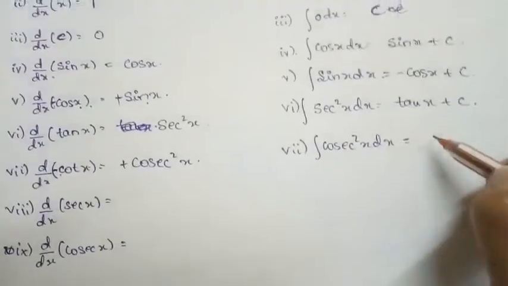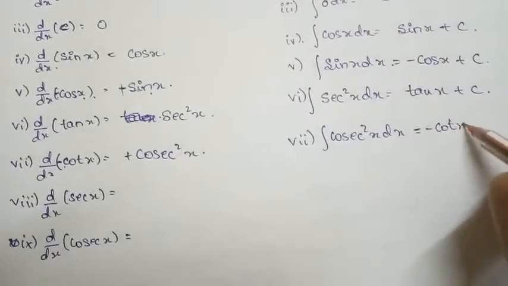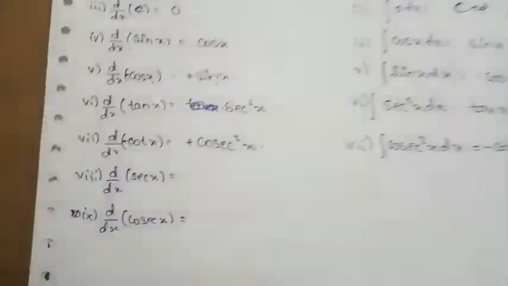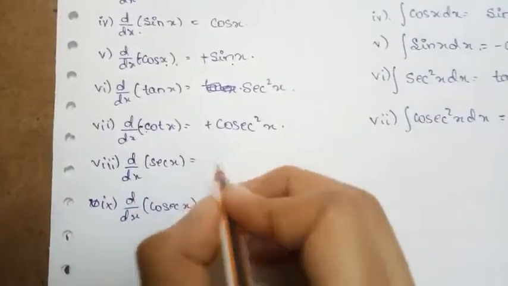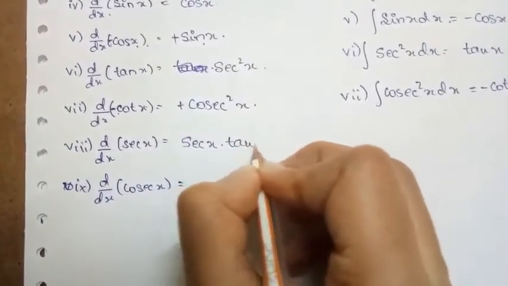So the integration of cosecant square x dx becomes minus cot x plus c. Similarly, the differentiation of secant x is nothing but secant x into tan x.